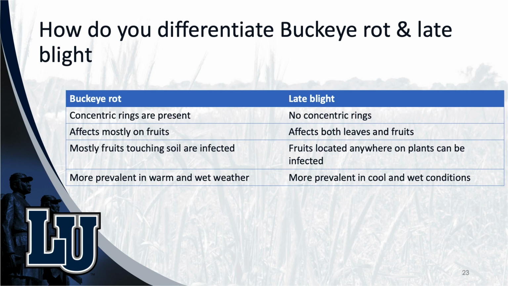Buckeye rot generally occurs on fruits that are touching the soil. It will not affect fruit which is away from the soil, whereas late blight affects almost every fruit, or any fruits, anywhere located on the plant. Buckeye rot will occur in warm and wet weather, whereas late blight will occur in cool and wet conditions. So you can see there are several characteristic differences to easily differentiate these two major diseases.